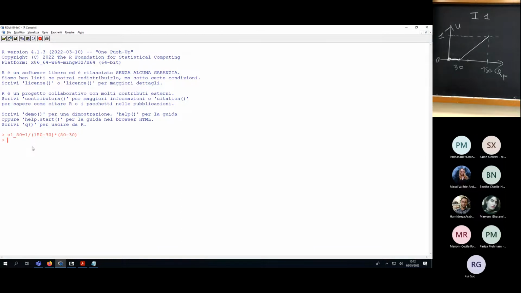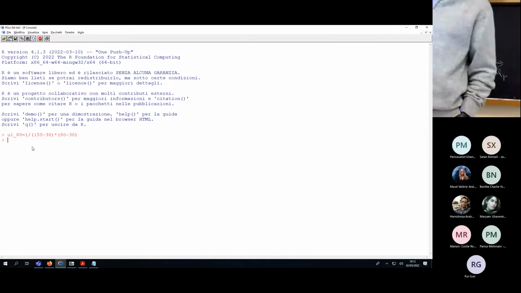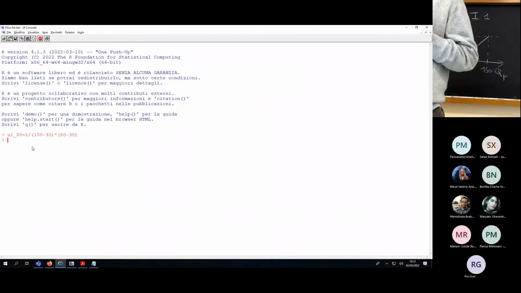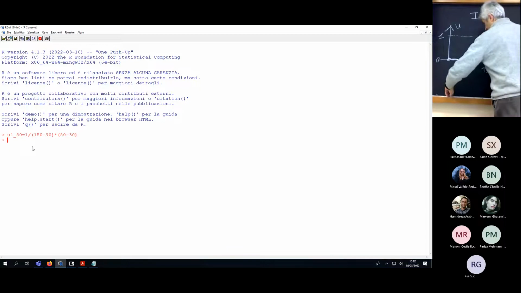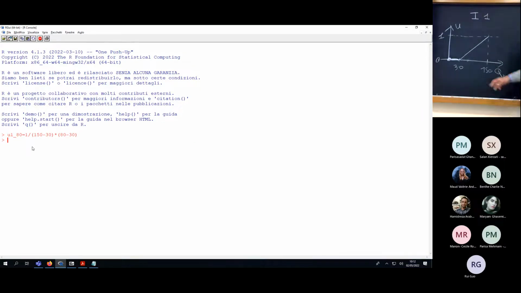The first instruction defines the utility of indicator 1, economic benefit, for the design flow of 80. So let's look at the blackboard. Here we have the utility function. The utility function gives utility 0 up to a design flow of 30, and then there is a linear increase between 30 and 150. 80 is more or less here.